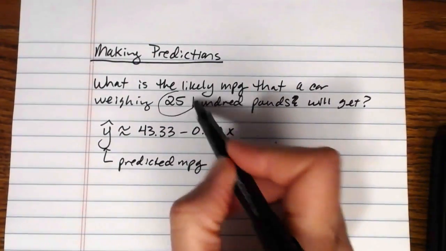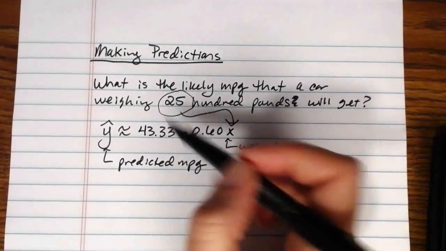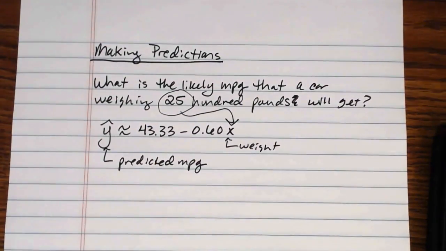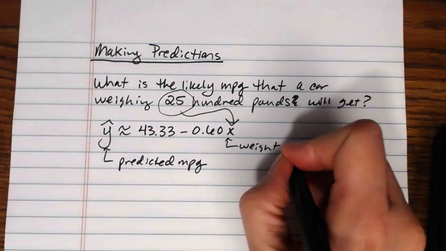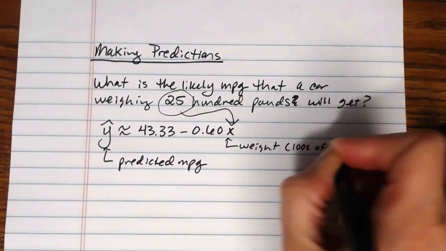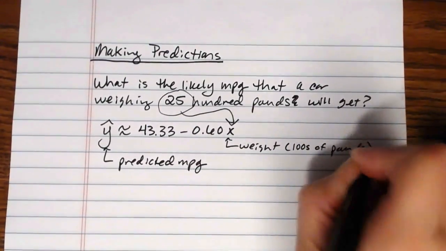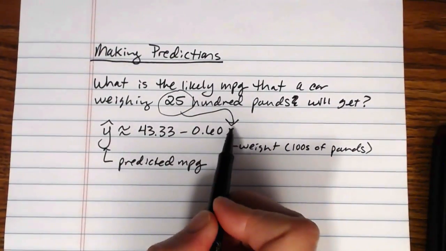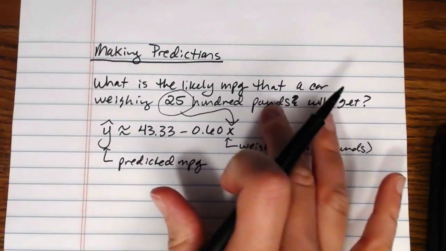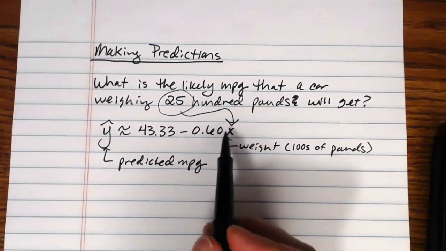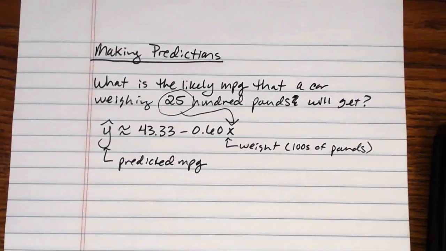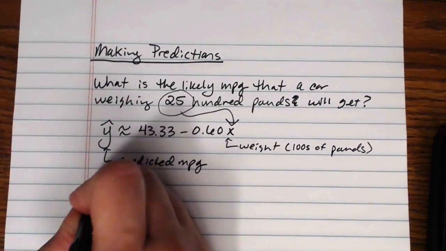So weight is going to go in here. Miles per gallon is what I will get out. Since the weight was measured in hundreds of pounds, what we'll be putting into here is 25, right? Because that's 2,500 pounds. So the weight in hundreds of pounds will be 25 right here. We'll get out the predicted miles per gallon.